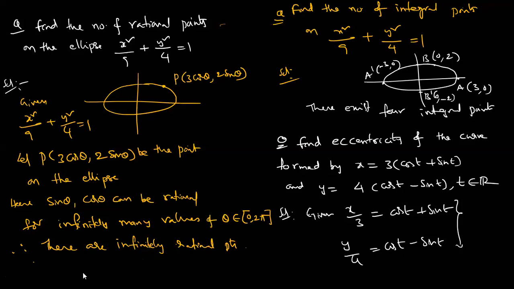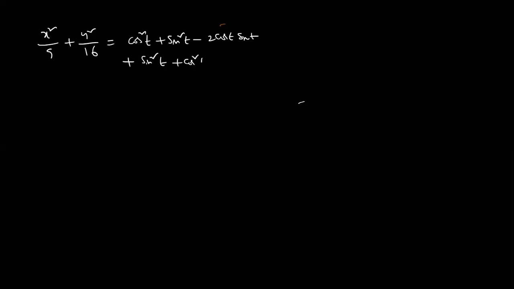Okay. Continuation, see. x square by 9 plus y square by 16 is equal to cos square t plus sin square t, plus sin square t plus cos square t plus 2 cos t sin t.